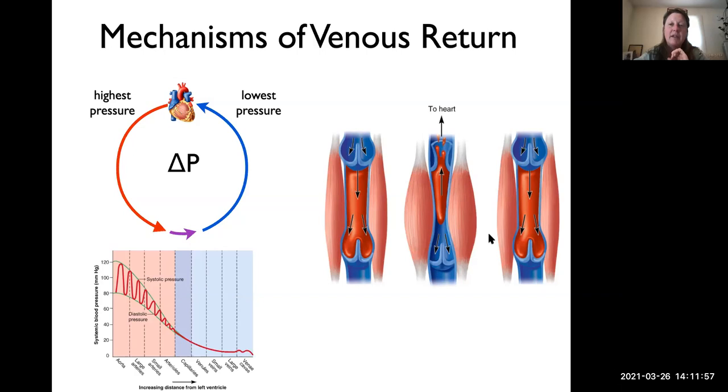And to give you a sense of how important it is, if you have a job where you're standing, say, at a cash register all day and you're not walking around a lot, the blood will actually pool because the skeletal muscles aren't contracting enough.